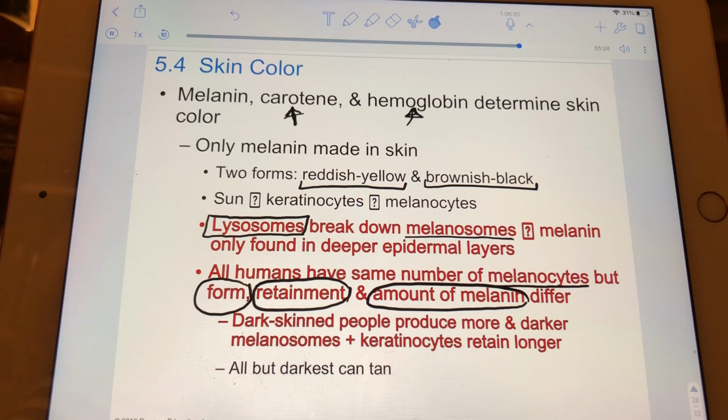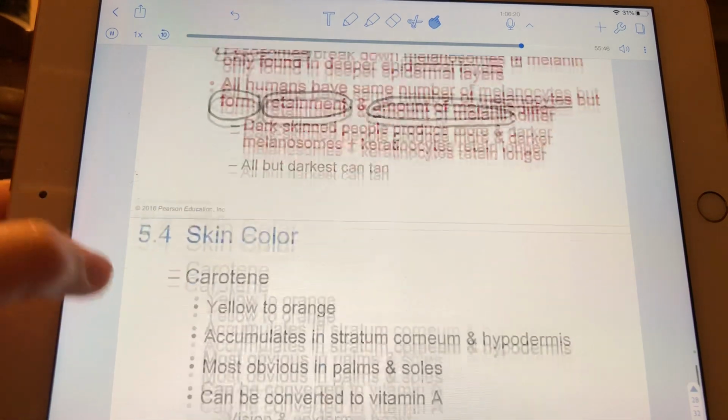If someone has especially dark skin, then they make more melanin, they make darker melanin, and they retain their melanin for longer, all right? So lots and lots of determinants of skin color. Hopefully you can smell a list opportunity. Let's move to slide 29.